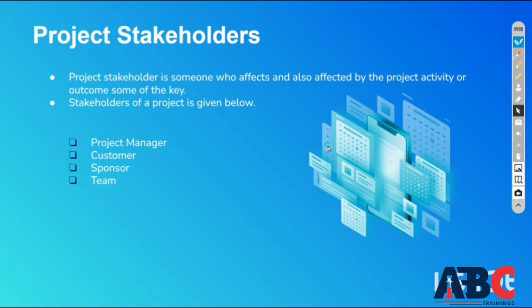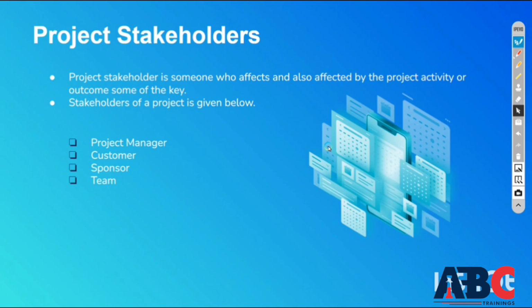Affects means they are a major part and necessary to complete the project. Many people are included as stakeholders: the project manager, customers, team owner, or workers. All of them are stakeholders within this project, whoever benefits from the project.